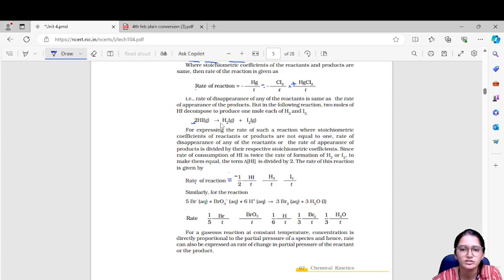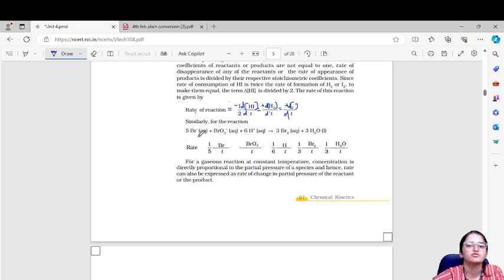Since the reactant side means decreasing, it is minus 1 by 2 d[HI]/dt, which is also equal to, this is product, so plus d[H2]/dt, and this will also be equal to plus d[I2]/dt. So this is the rate of the reaction.